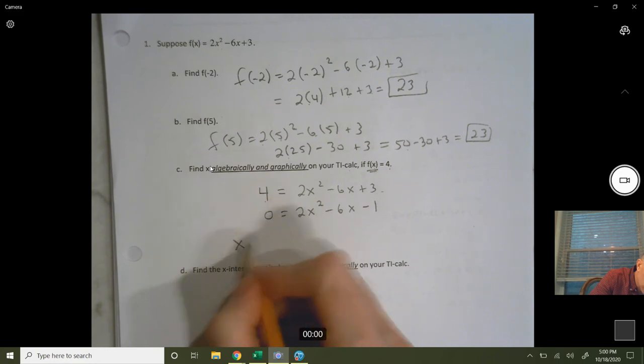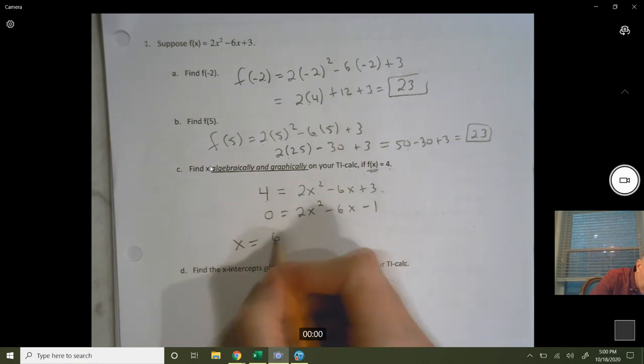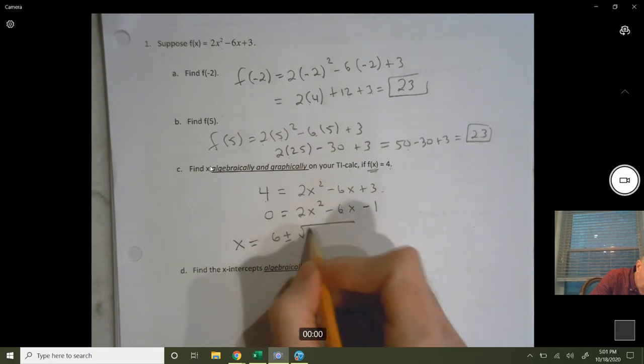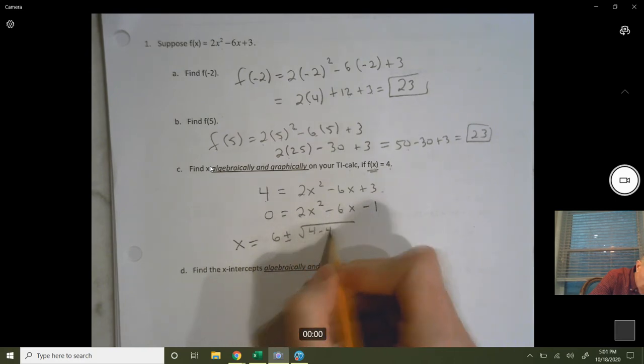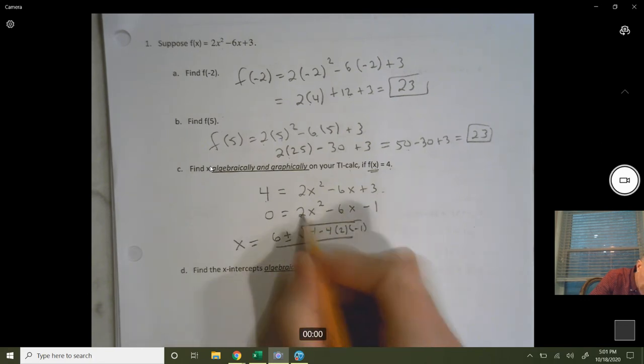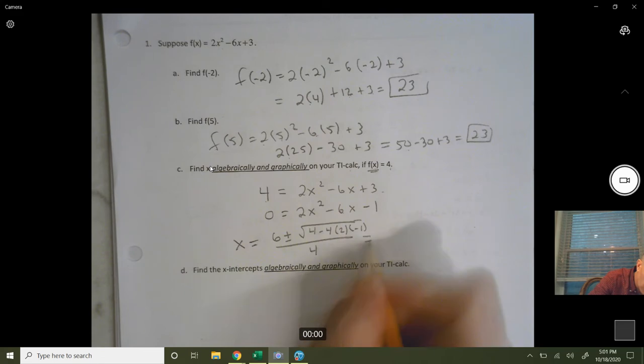So x equals the opposite of b plus or minus the square root of b squared, so 2 squared minus 4 times 2 times negative 1, over 2 times a, so over 4.